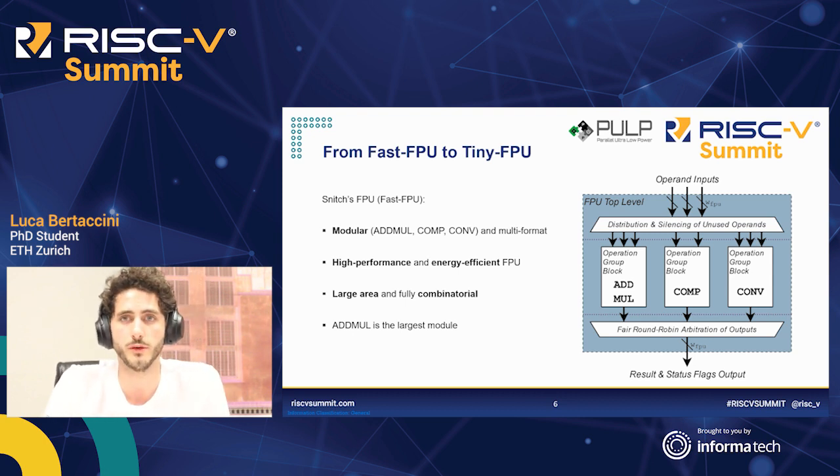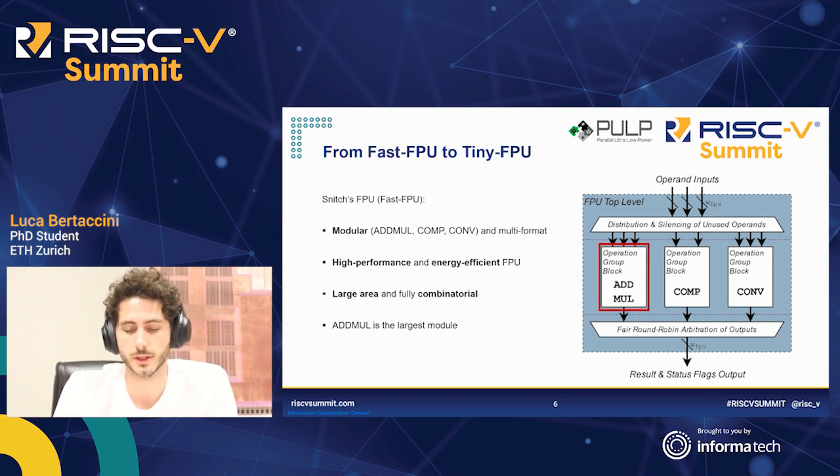We have a module for comparison, and we have a module for conversions. And this is a multi-format FPU. In particular, we were interested in its double and single precision versions. It introduces a large area, and it's fully combinatorial.